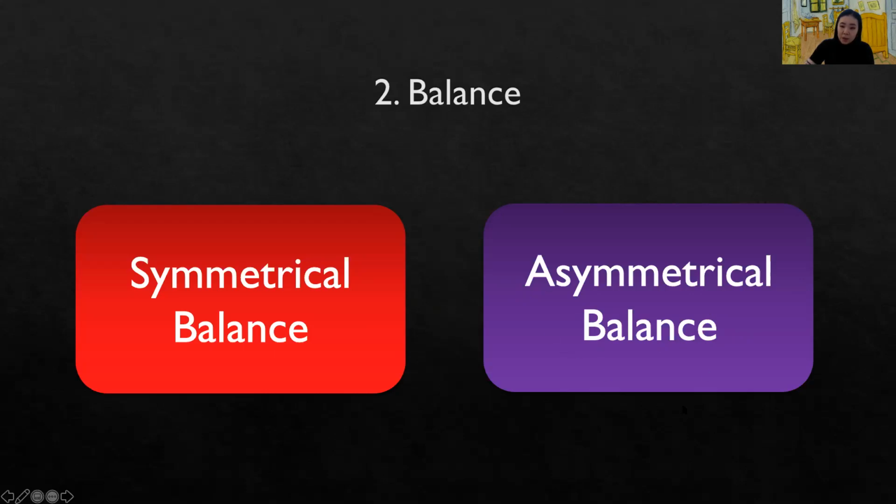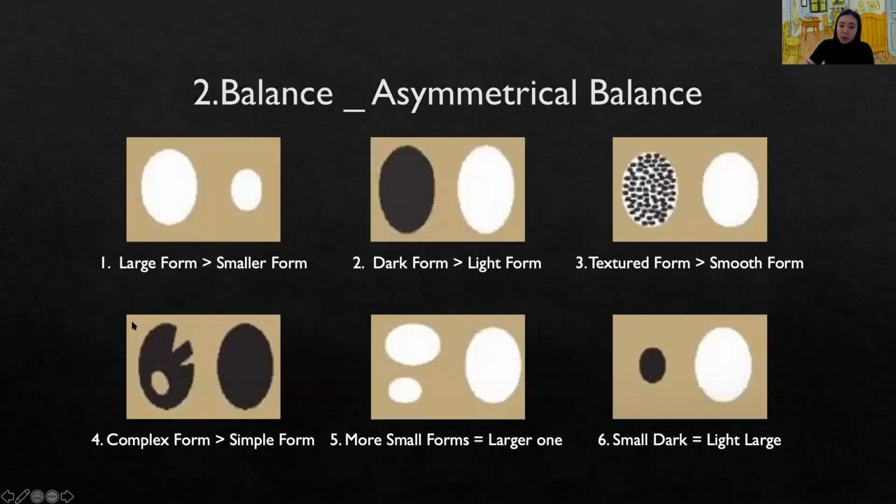So for the asymmetrical balance, we learned the six most popular types, right? Number 1, a large form is visually heavier than a smaller form. Number 2, the dark value form is visually heavier than the light value form of the same size.